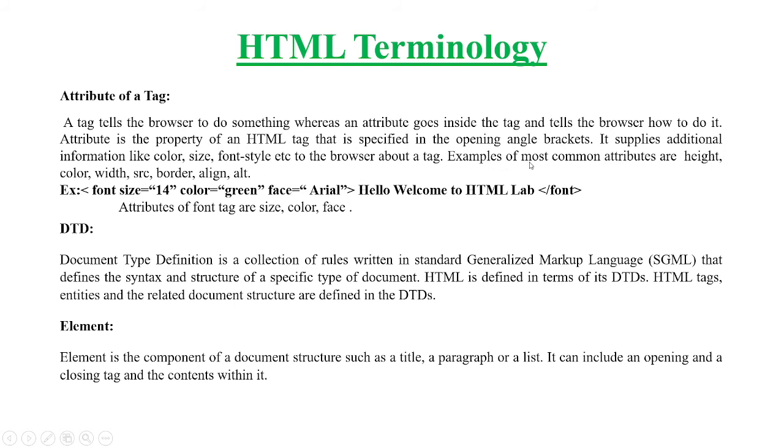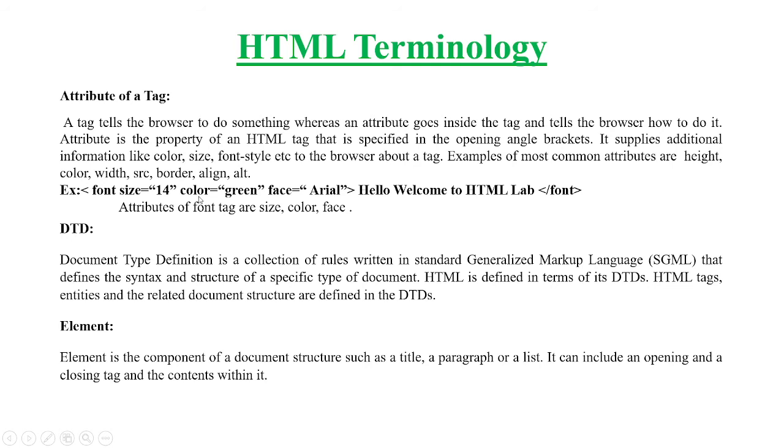The most common attributes that we come across for a tag are height, color, width, source, that is src, border, align, alt. In this example, I have presented a font tag with the attributes size, color and face. For size I have given the value 14.